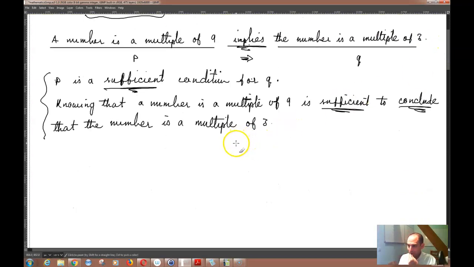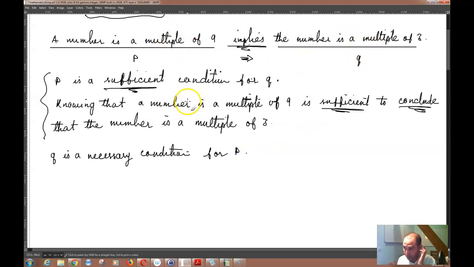And there is one more important thing here that you need to understand, and that is Q is a necessary condition for P. So Q is a necessary condition for P, meaning that when a number is a multiple of 9, it is necessarily a multiple of 3.